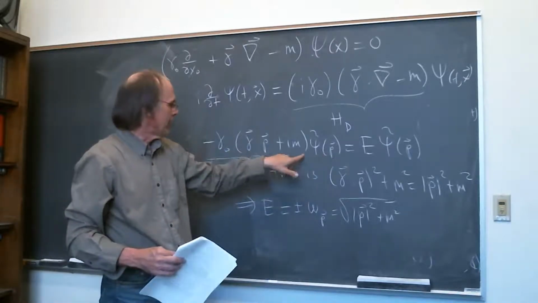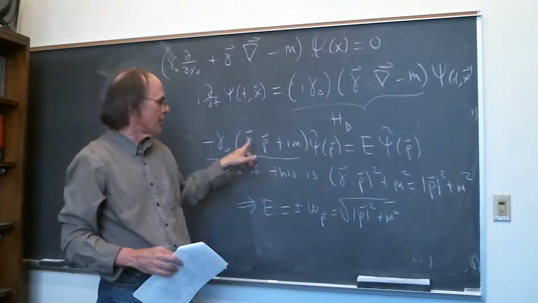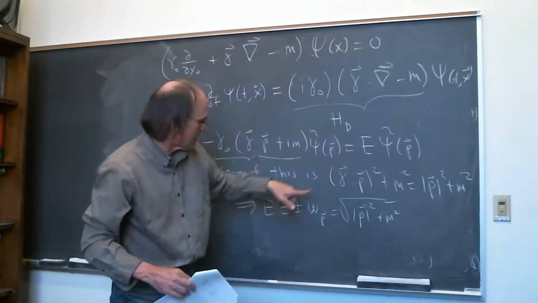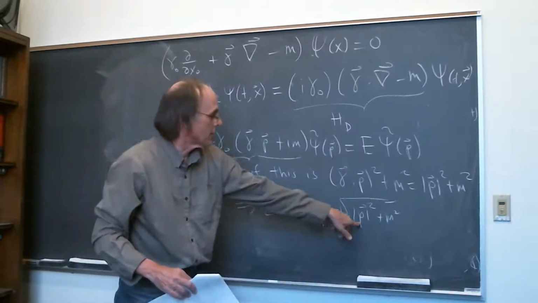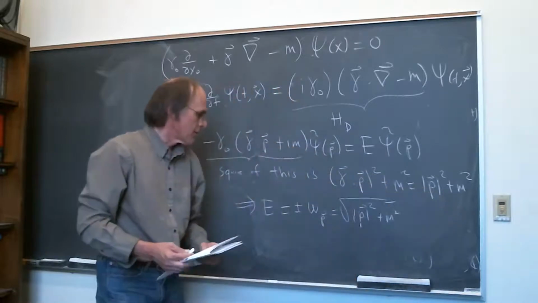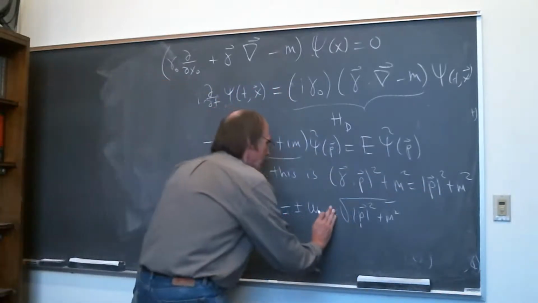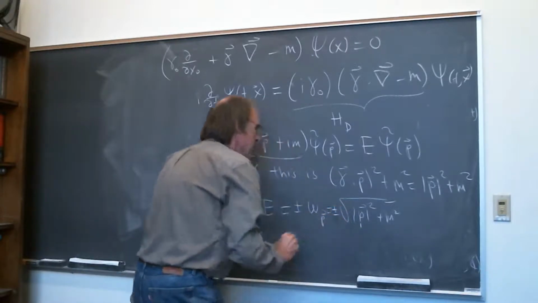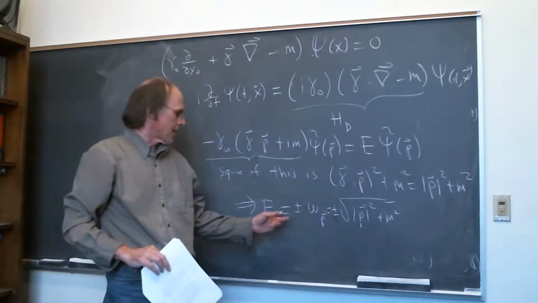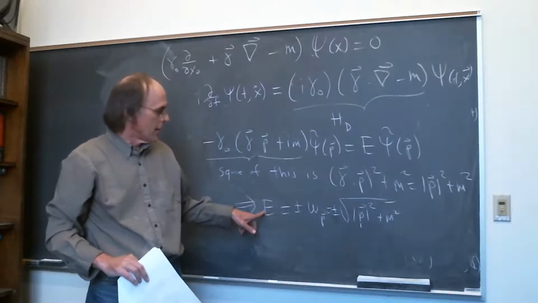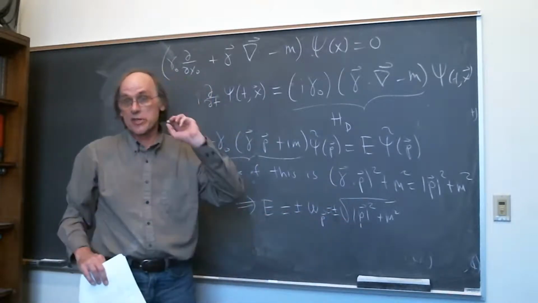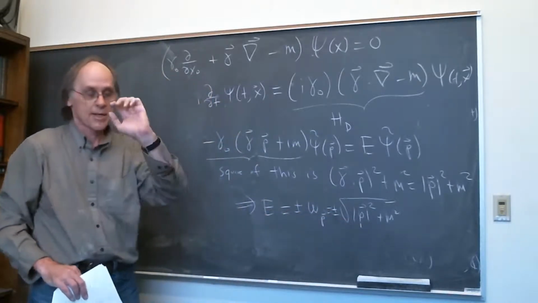If this guy satisfies this, then if you do it twice, you get E squared, and E squared is going to be this guy. So you get back the standard relativistic energy-momentum relationship for mass m.